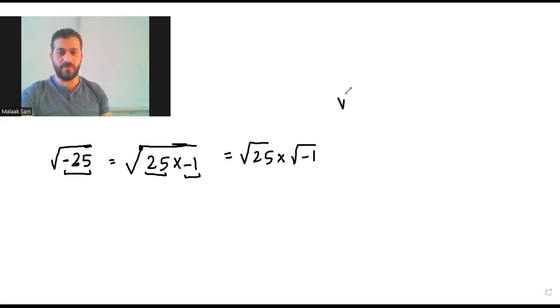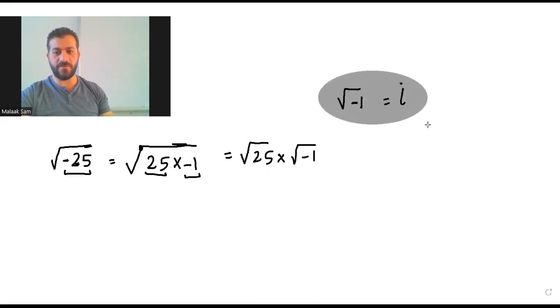Suppose that the square root of negative 1 equals i, because I don't know the value of the square root of negative 1. And i stands for imaginary number. So we write it as 5, since the square root of 25 is 5, and the square root of negative 1 is i. So it's 5i.